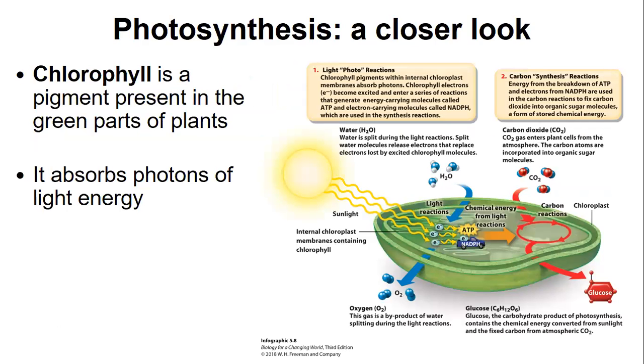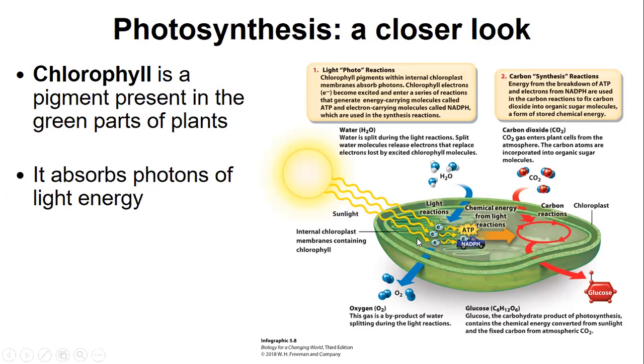So now we're going to take a closer look at what we were talking about. Within the chloroplast, we have a pigment. We're not even going to get into the thylakoids or anything like that.